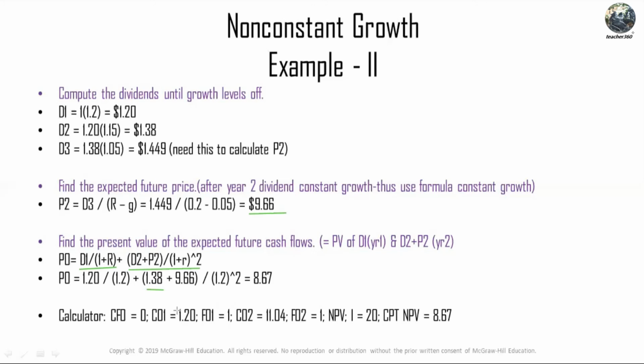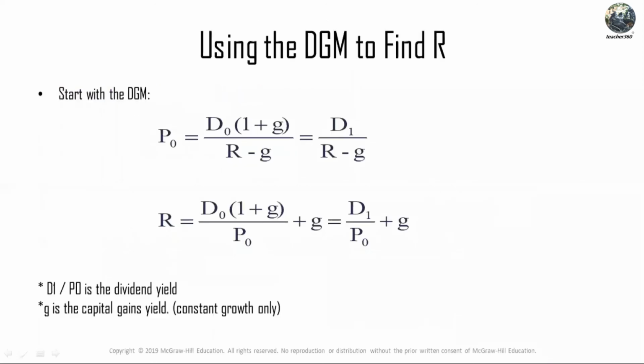You can also do this calculation using a financial calculator as mentioned below. Using the DDM to find R. Here R is the required return, D0 times 1 plus g, where D0 is the current dividend, g is the growth rate, and P0 is the current share price.